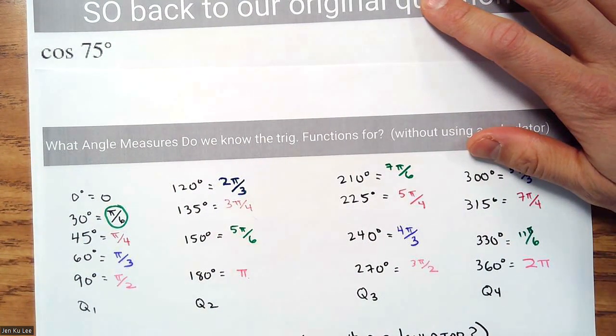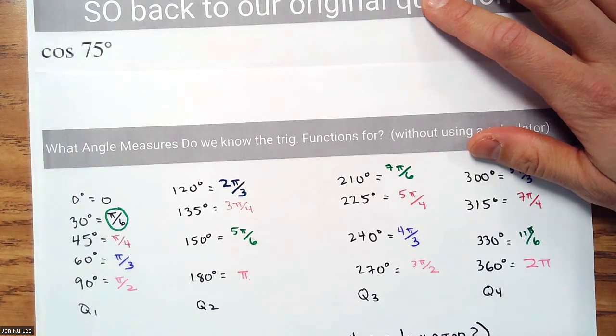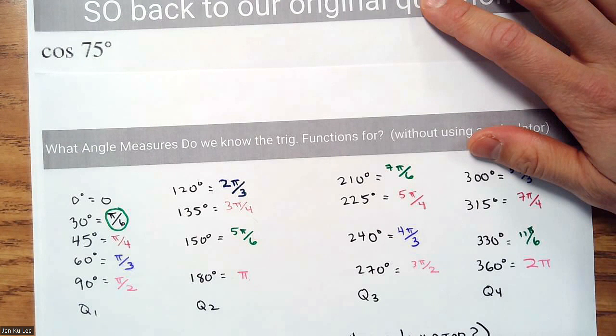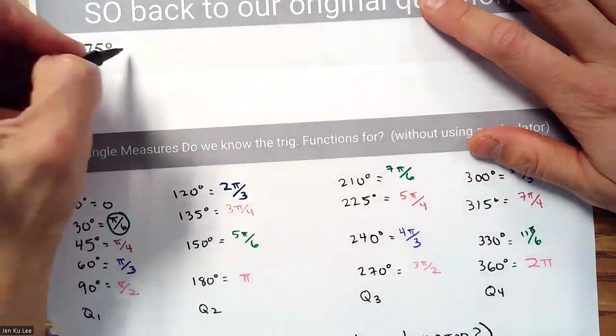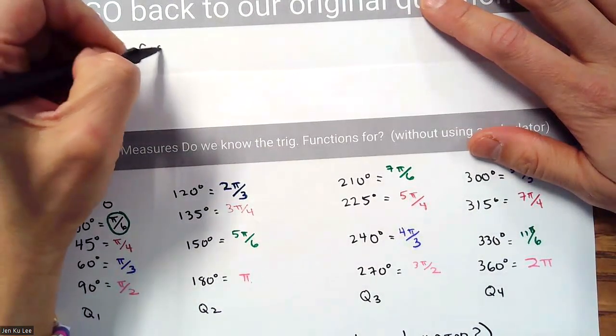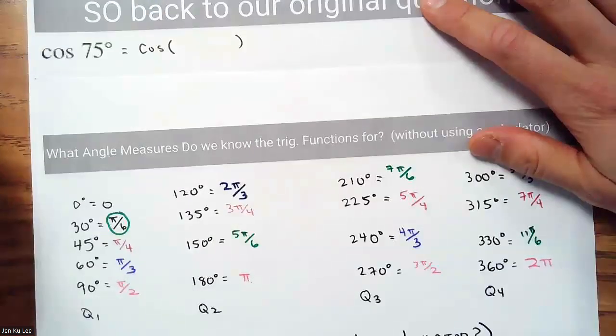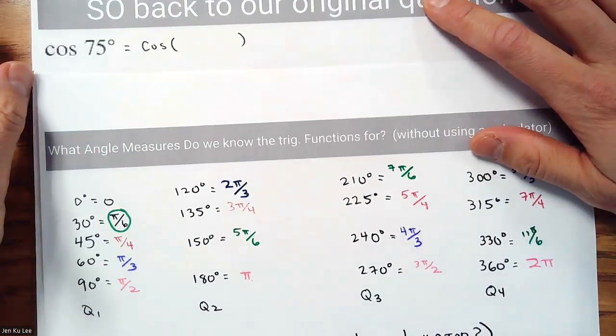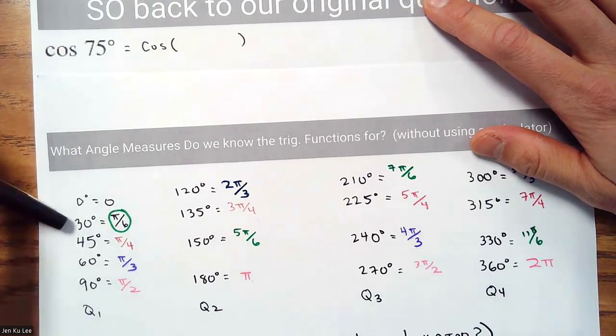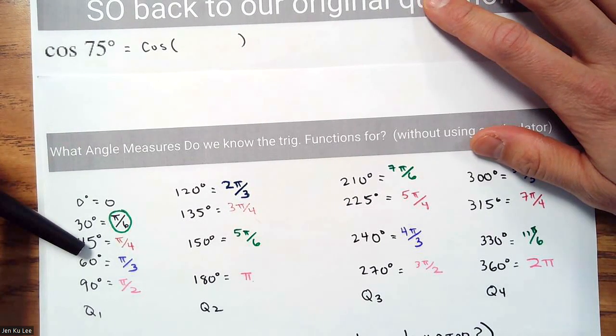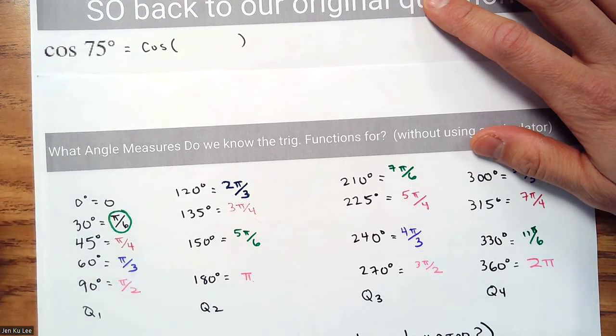Add or subtract to find 75. What two numbers, when you're adding or subtracting them, give me 75? Any combination works. Okay. 30 plus 45, right? 30 plus 45 is 75, correct?